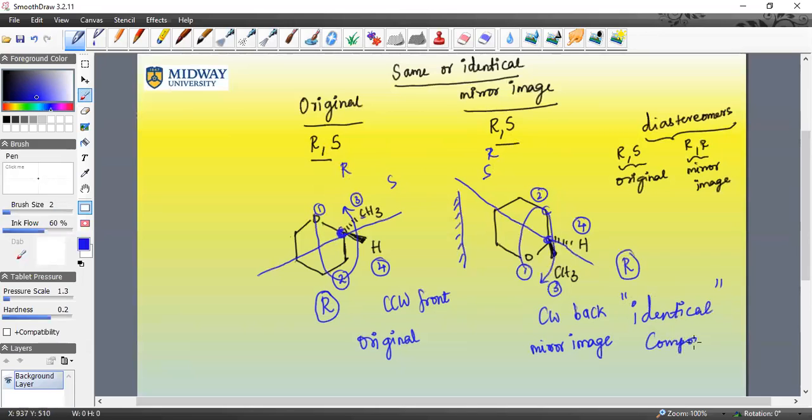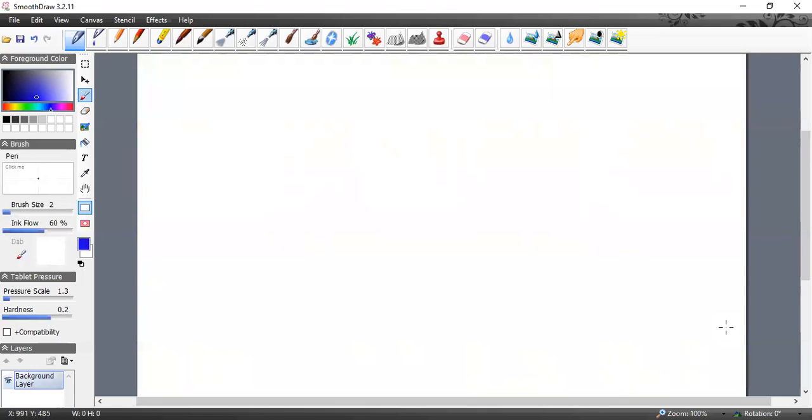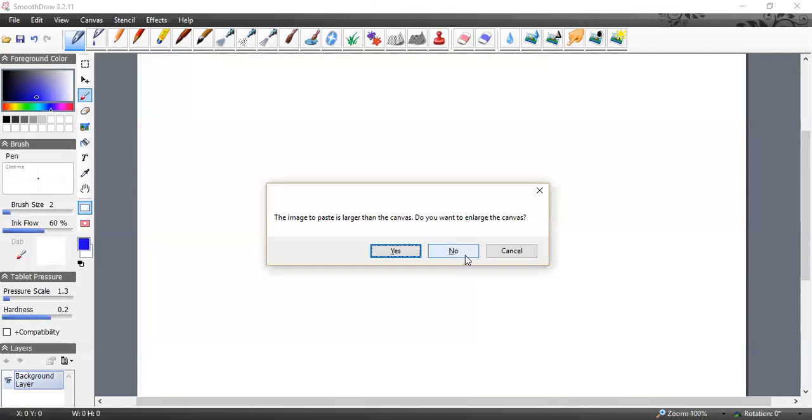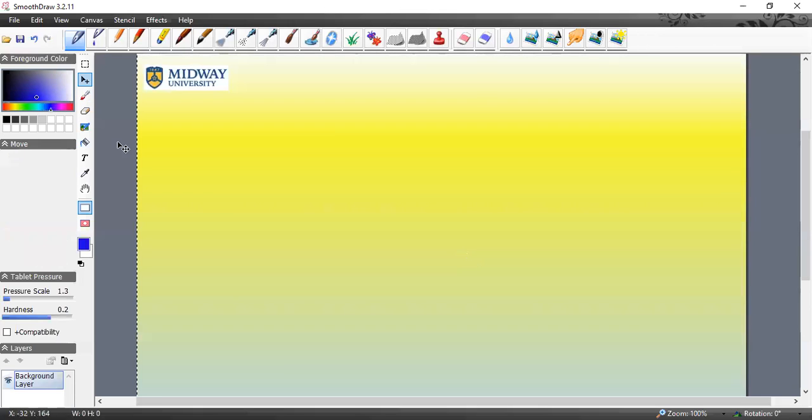So let's summarize everything. Enantiomers means every chiral center's notation is exactly the opposite in the mirror image.